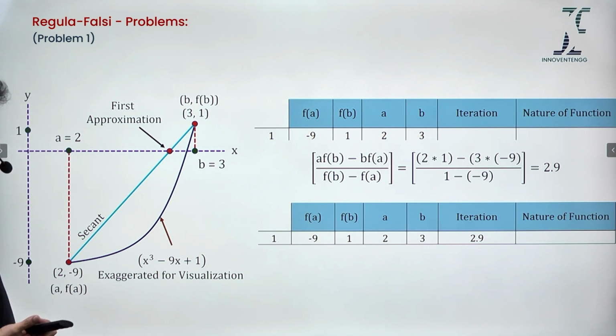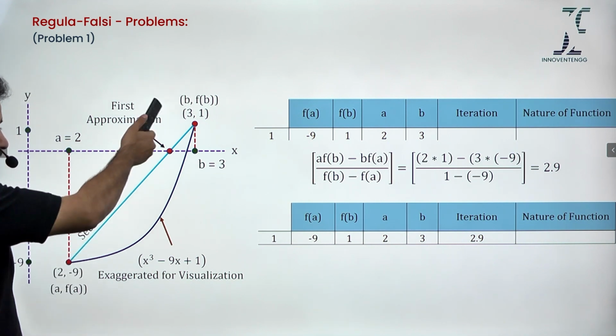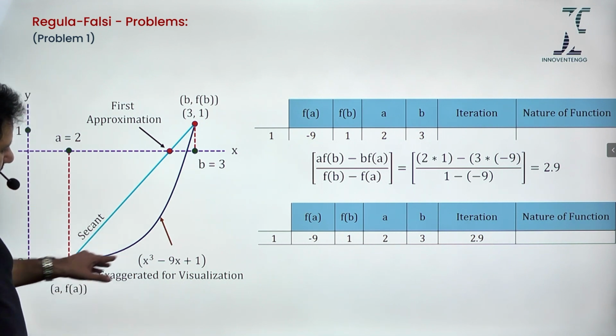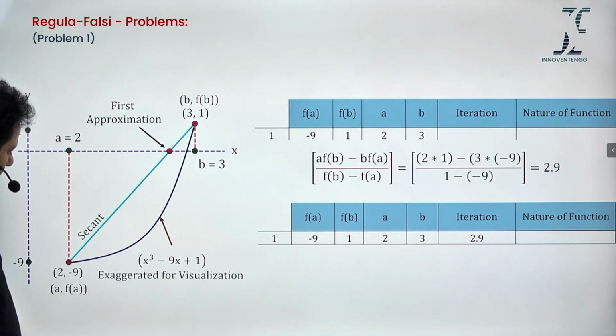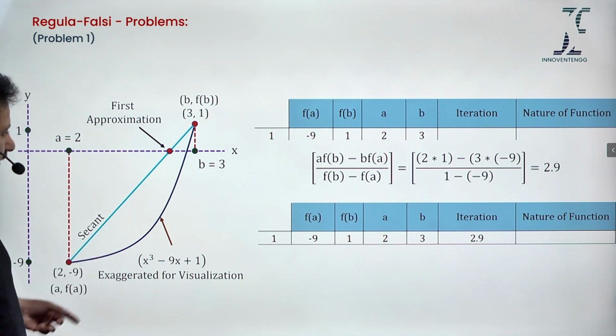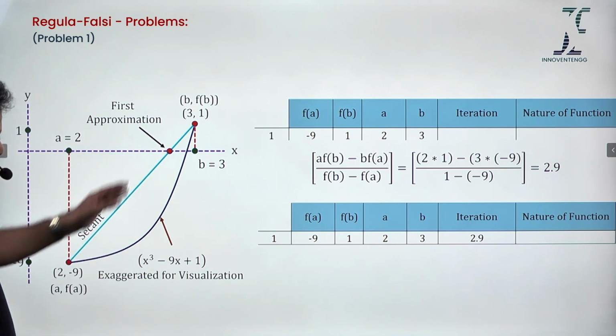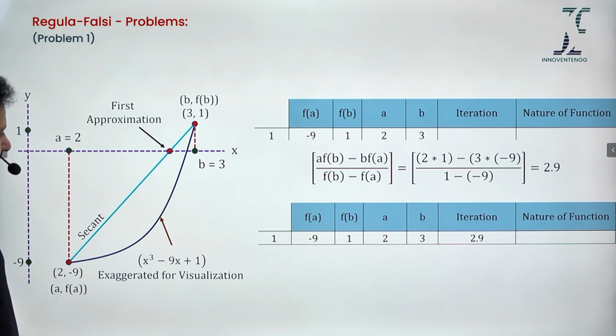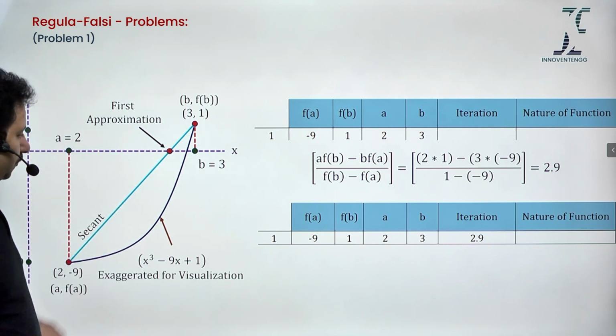Or you can simply say a straight line is joining those 2 points, because you can see this is the curve that we are trying to estimate root for in this particular bound, that is x equal to 2 to x equal to 3, and I am trying to draw a straight line between those 2 points.